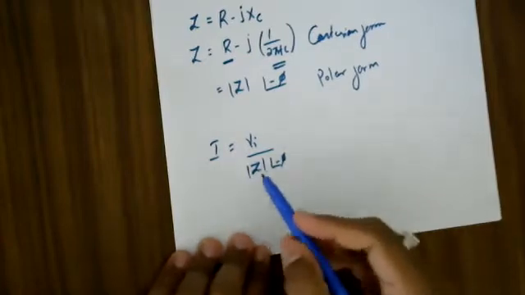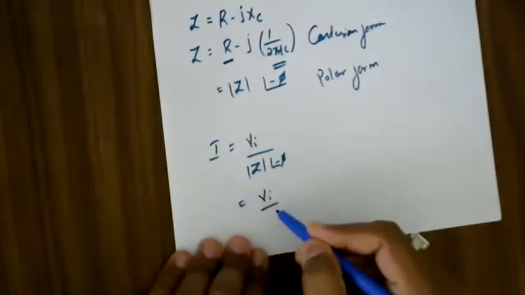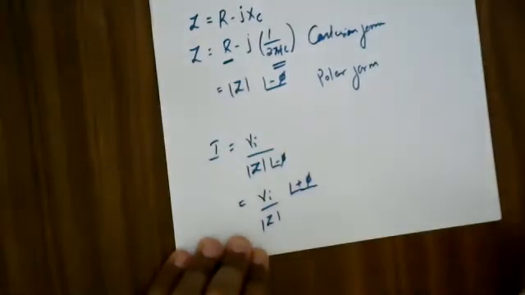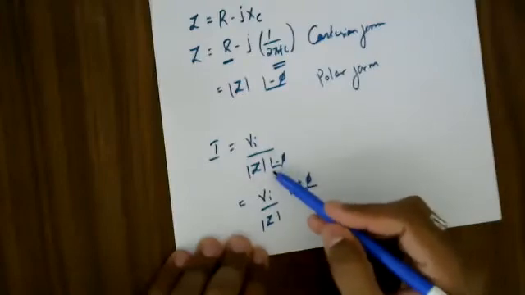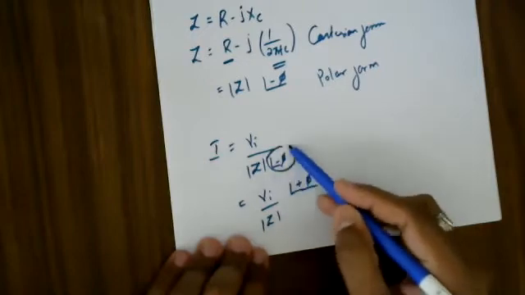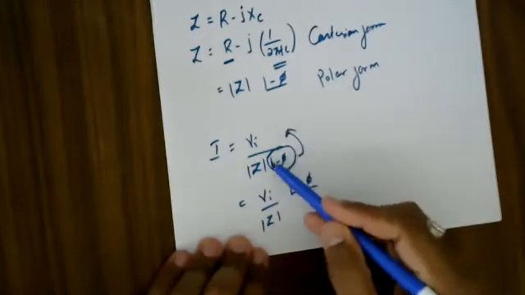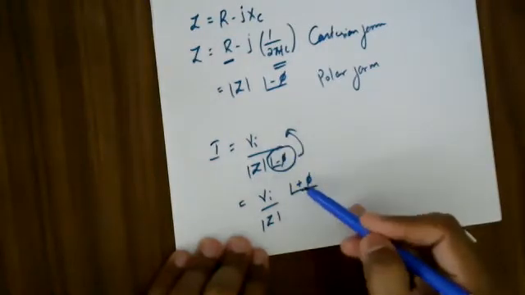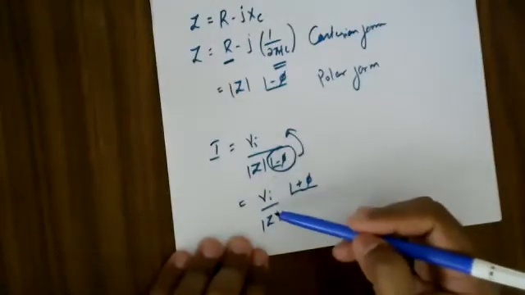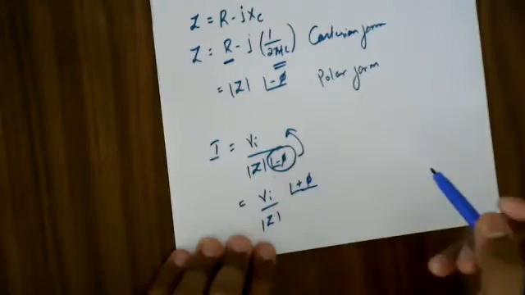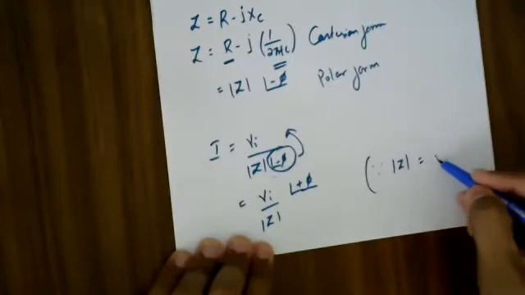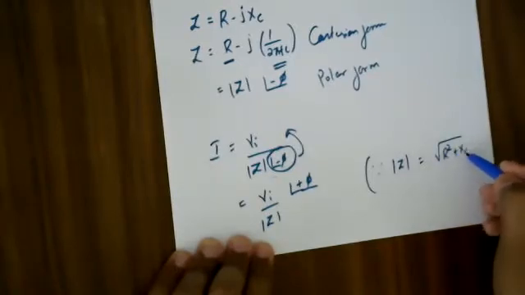Now I can write this equation as VI divided by mod of Z at an angle plus phi. I'm taking this angle from the denominator to the numerator, so the sign changes from negative to positive. So VI by mod of Z will give me some fraction, because internally I know that mod of Z is nothing but the square root of R square plus X square.